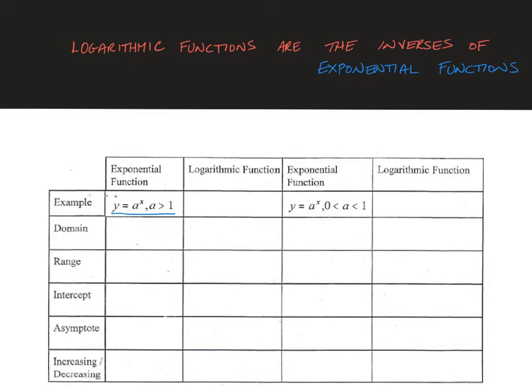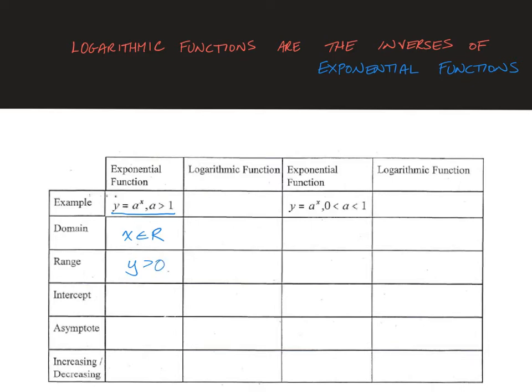Okay, we're back. I'm hoping that we can just go through and confirm a couple things. First off, we can sub in any value for x, so our domain is x can be anything. Our range, regardless of what we sub in for x, the value of my base calculated to that power is always going to be positive.